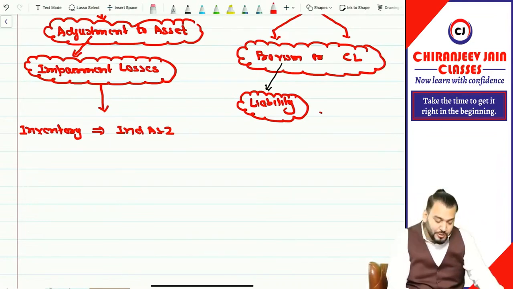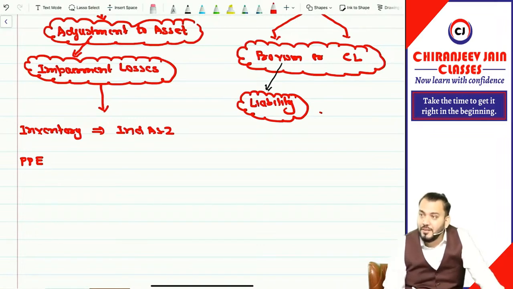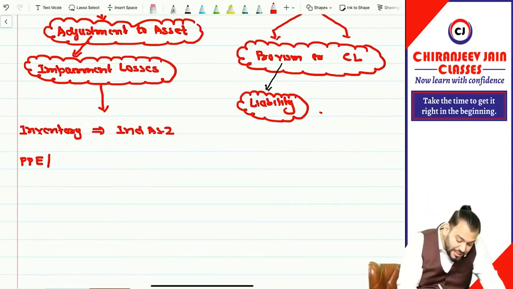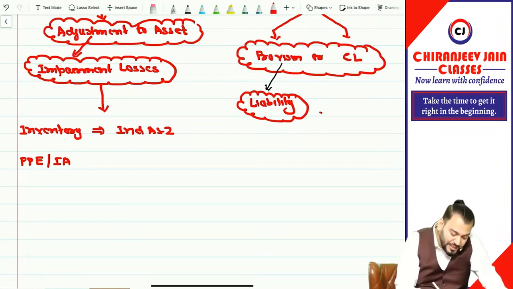Correct? Understood? Second, if I am saying property, plant and equipment, PPE, you know PPE because AS 10 was also property, plant and equipment. Or you can say IA. IA means intangible asset. Or you can say IP.